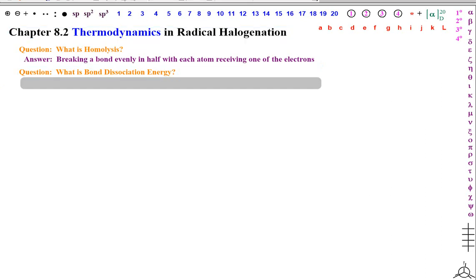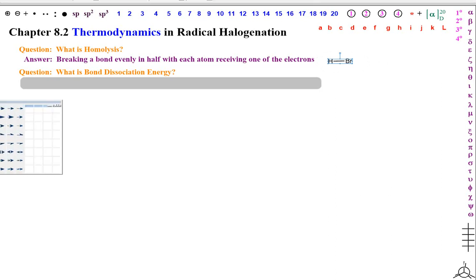Homolysis is the breaking of a bond in half, with each atom receiving one of the electrons in the bond. Here's an example. If I look at the molecule HBr and I provide it with the correct amount of energy, I can cause the bond to pop in half, with half of the electrons going to the Br and the other half going towards the hydrogen, creating this.